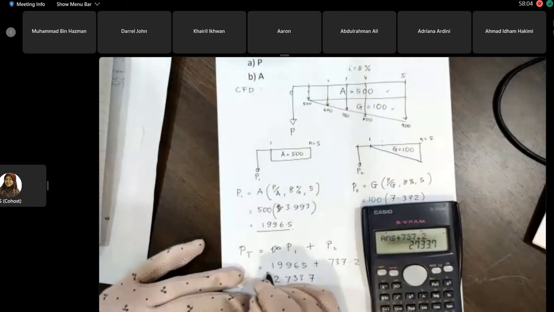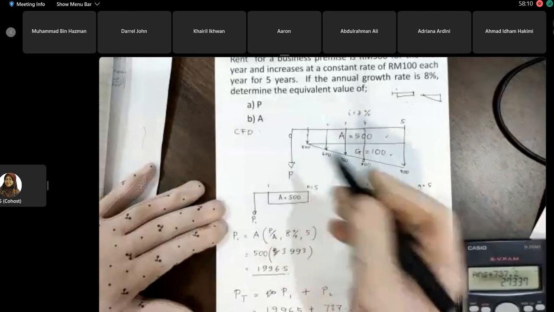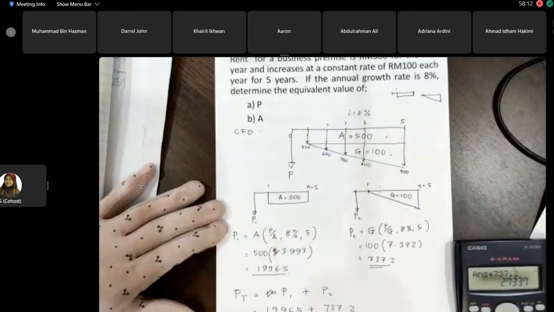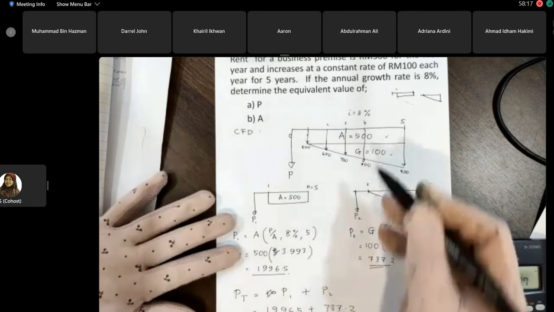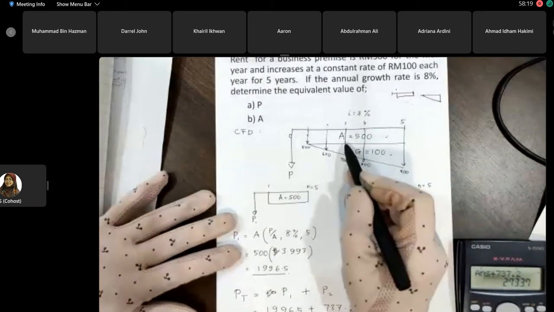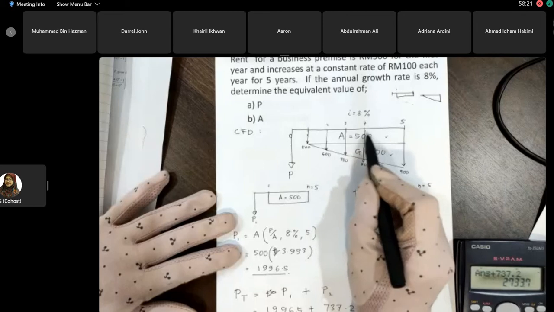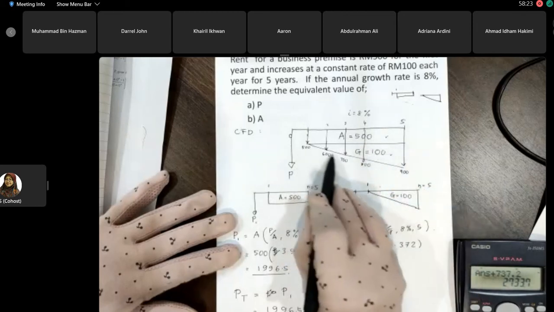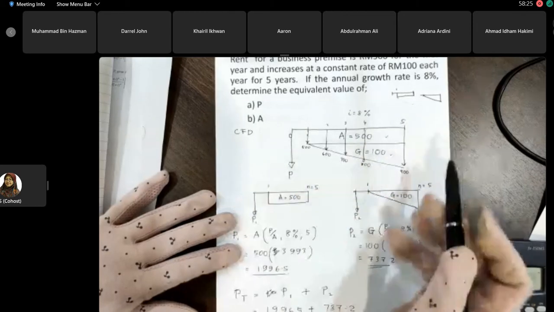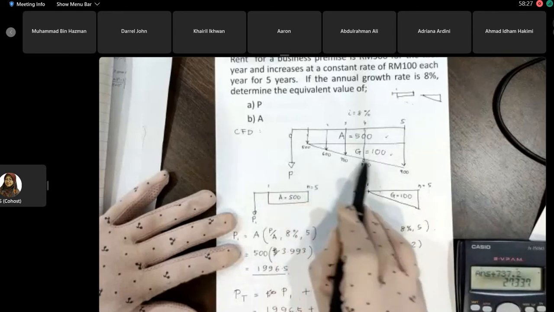Okay. So the equivalent for the present value is 2,733.7. After you consider the payment for the rental is 500, with the annual increment of 100 ringgit.